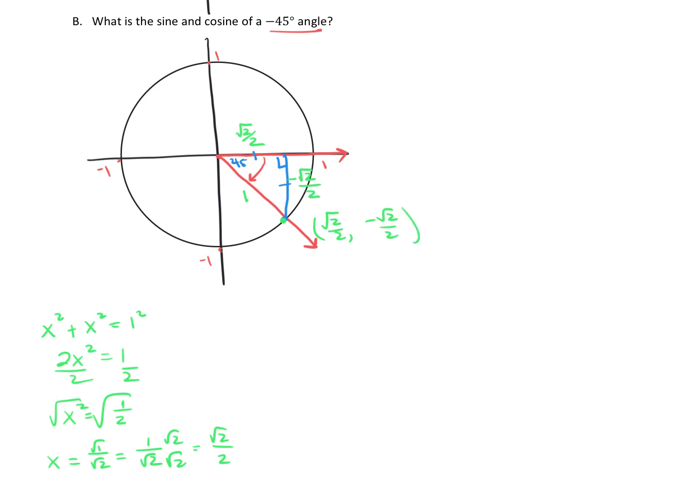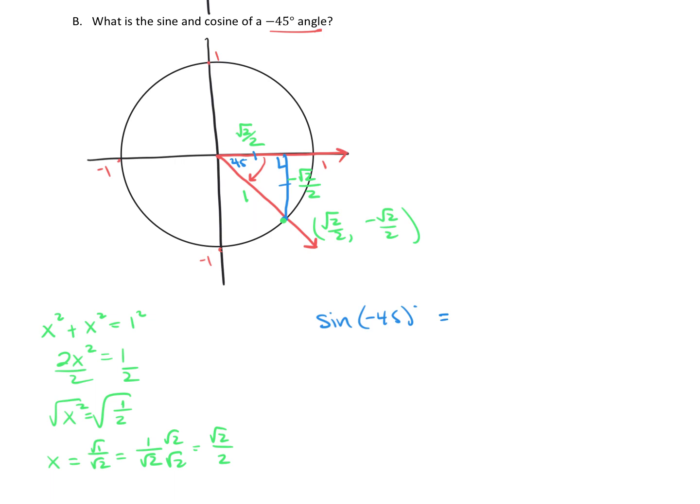So because we have to evaluate the sine and cosine of our negative 45 degrees, sine of negative 45 degrees will be the same thing as sine of our reference angle 45 degrees. And we could jump right to the ordered pair.